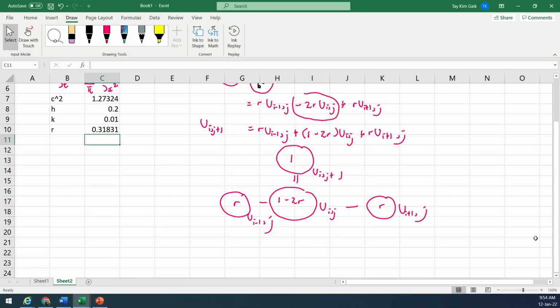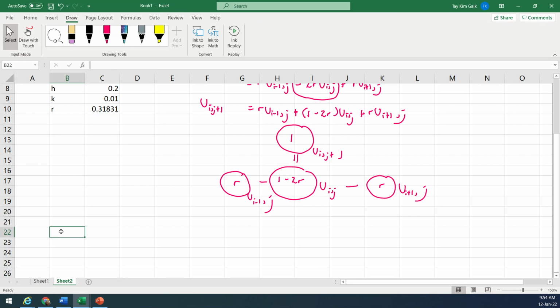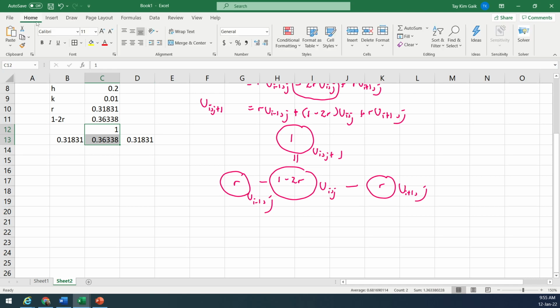This is the general molecule, and for the specific one, you can calculate 1 minus 2r, which is equal to 1 minus 2 times this r. So this one is equal to this cell, r equal to the r here. So this is a specific molecule.